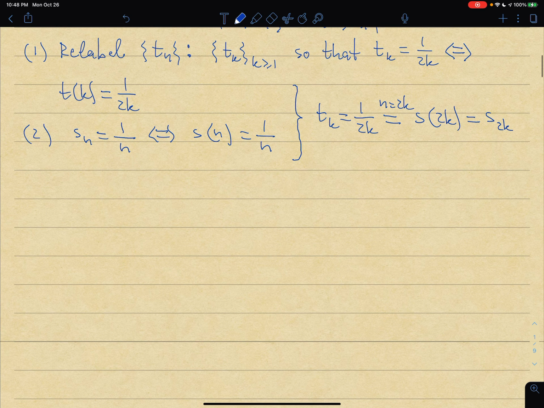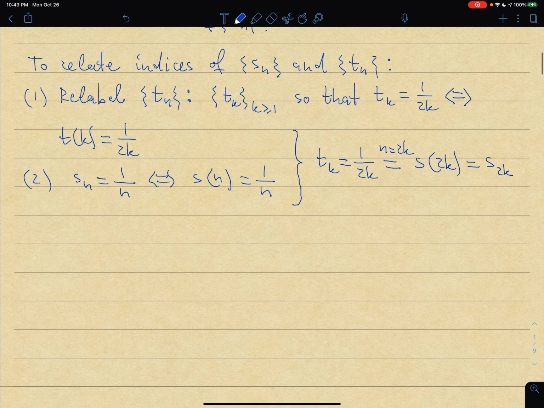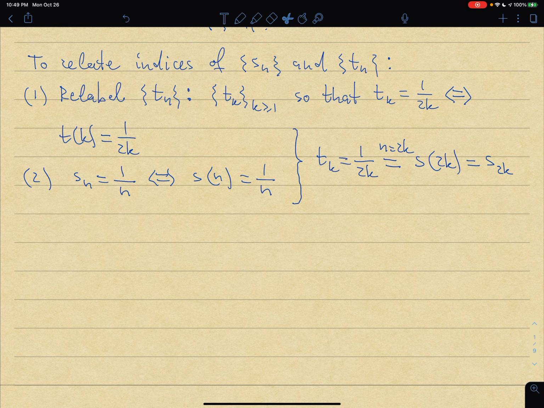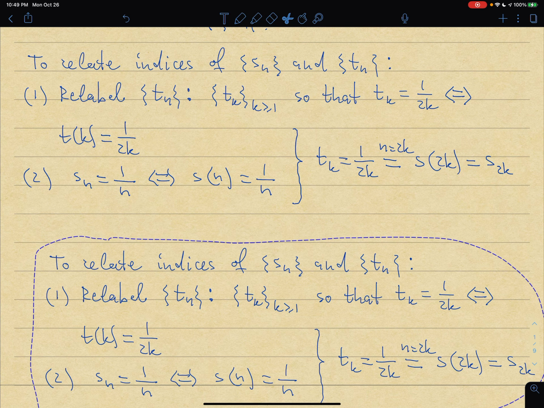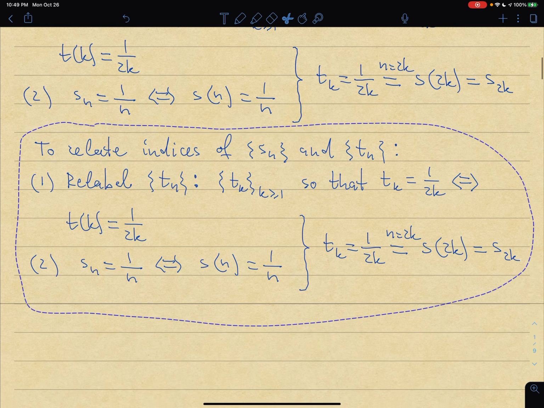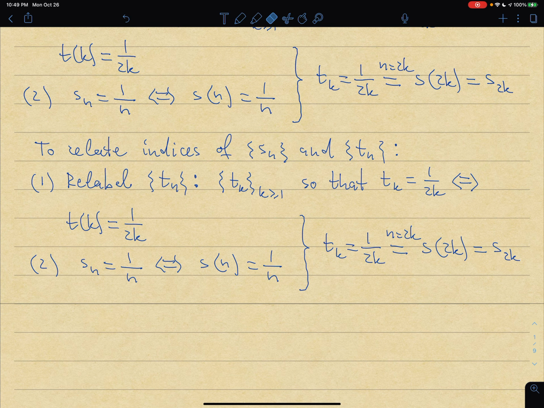And we can do the same thing for my second example. How can I see that Sn and Pn are related? So let's do the same surgery here. To relate elements of Sn and Pn, what do I need to do? I relabel Pn.